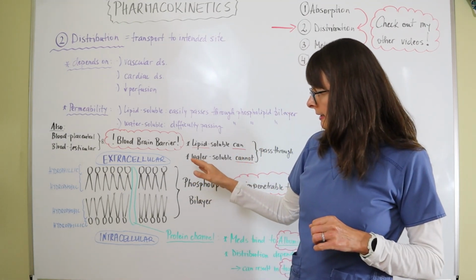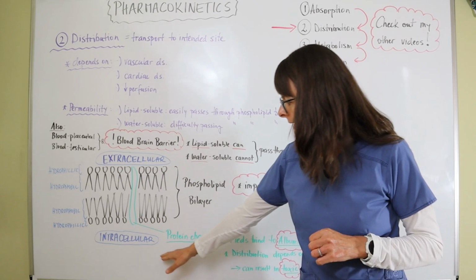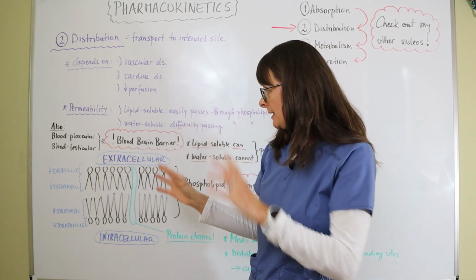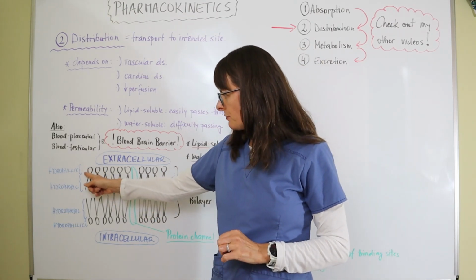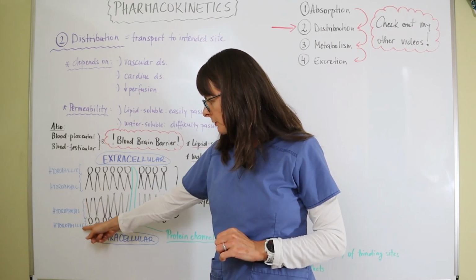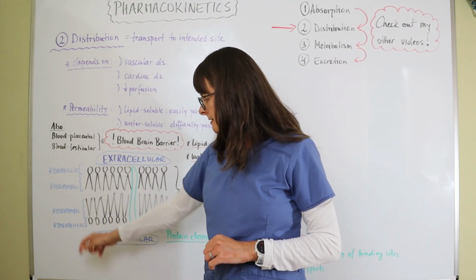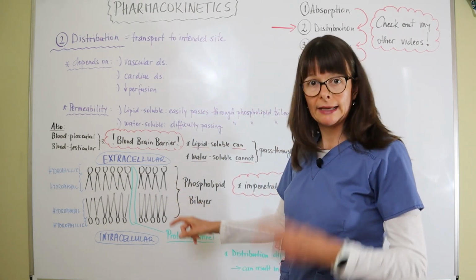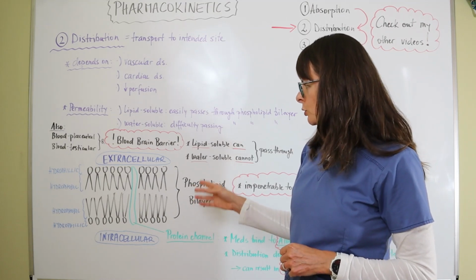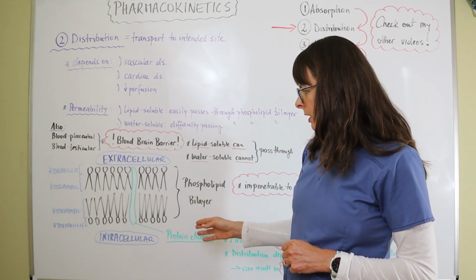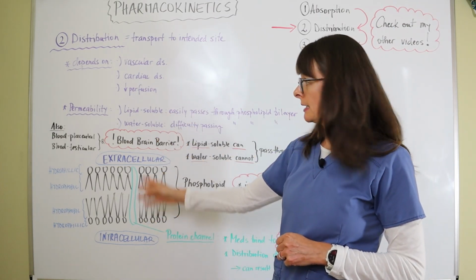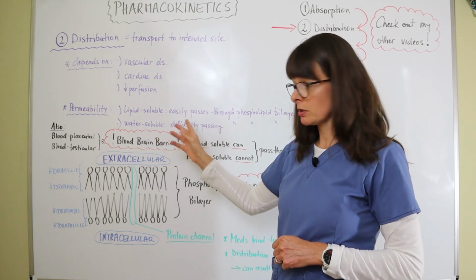There is an extracellular and an intracellular component, because this is just the surrounding membrane of any cell. It has hydrophilic heads and hydrophobic tails, with the tails facing inward and the hydrophilic heads on the outside. It has this bilayer, bi meaning two, and it is impenetrable to water. That's why lipid soluble medications can pass through easily and water soluble medications not so much.